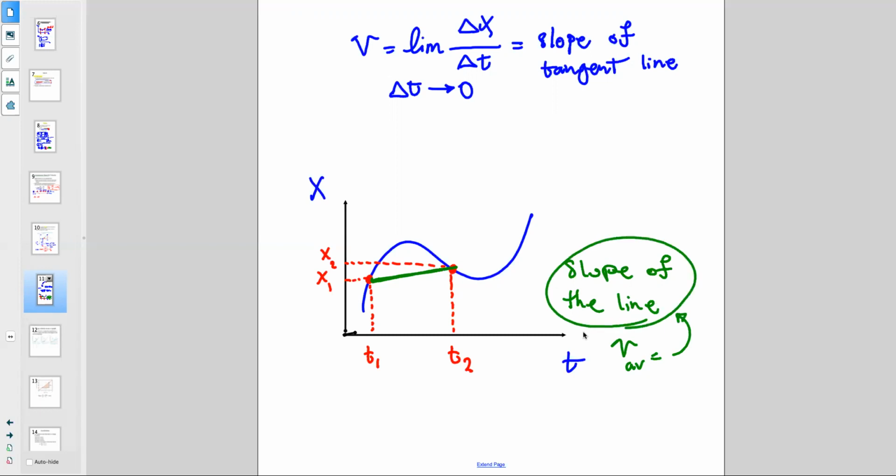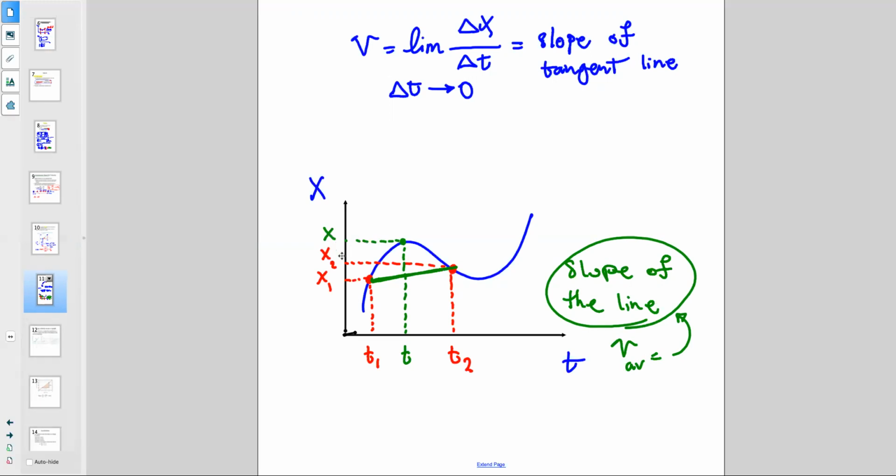Okay. Now, what if I ask you, find the instantaneous velocity at this point? At this point, which has, for example, time equals t, and x equals x.